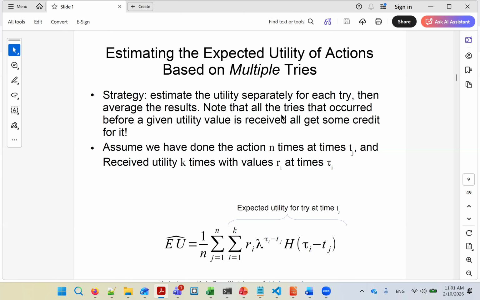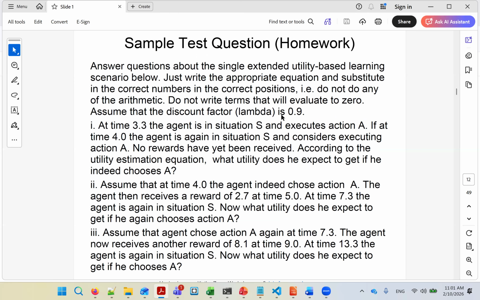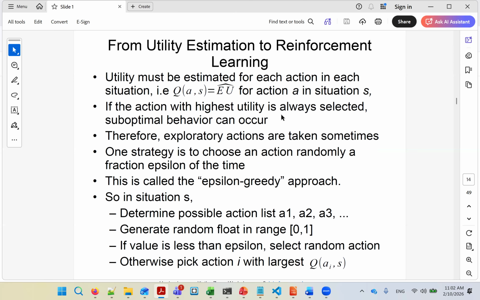We took that equation that estimates utility, and there are a bunch of things you can play with. Let's say what we would have to do to turn that into an algorithm we could run, which I did with TRACK many years ago. How would you do that? Well, you're going to have to estimate utility for each action in each situation, which could be a lot or not.